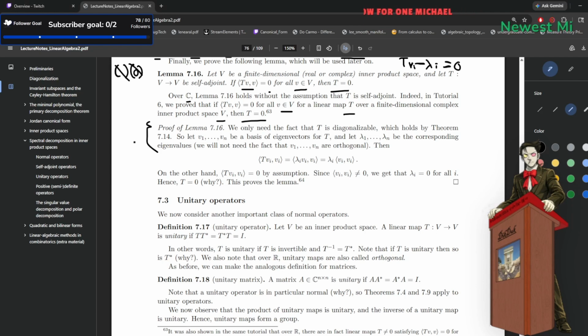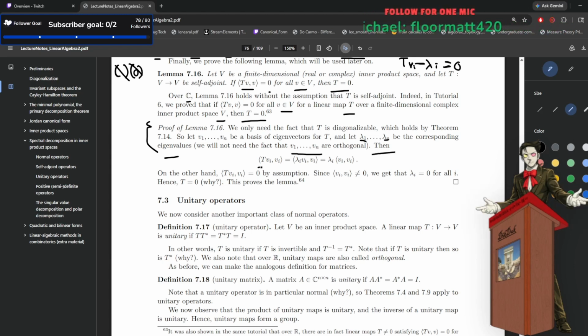So, the proof of Lemma 7.16. We need only the fact that T is diagonalizable, which holds by theorem 7.14. So let v1 to vn be a basis of eigenvectors for T. Let lambda 1 to lambda n be the corresponding eigenvalues. You will not need the fact that v1 to vn are orthogonal.